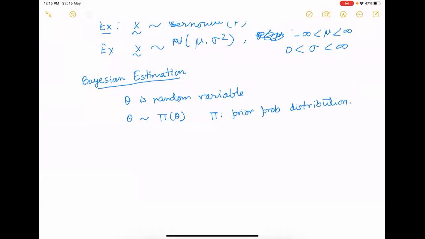Then typically we say, let's apply Bayes theorem. How can we do that?